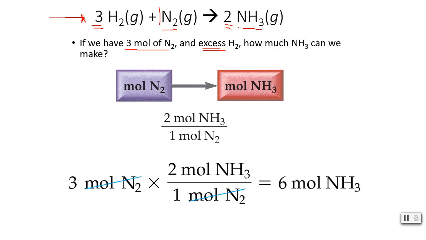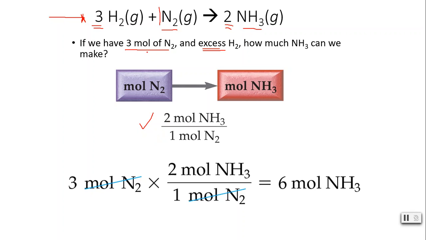So what I just said verbally, you can see from the coefficients of the balanced equation, and what I just said verbally is written here in terms of a fraction or like a conversion factor. And if I can write something as a proportion or as a conversion factor, then I can do conversion factor problems, or in this case, stoichiometry with them to calculate how much reactant or product I have.